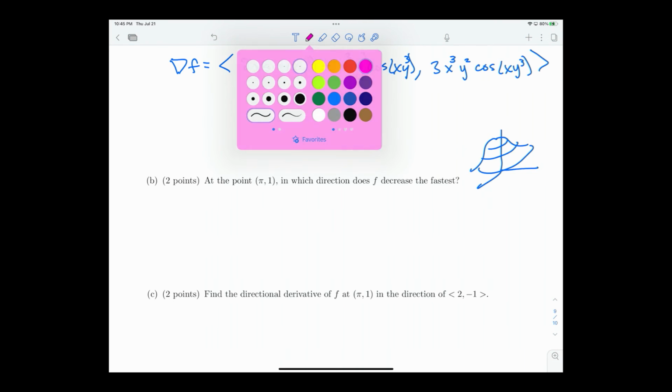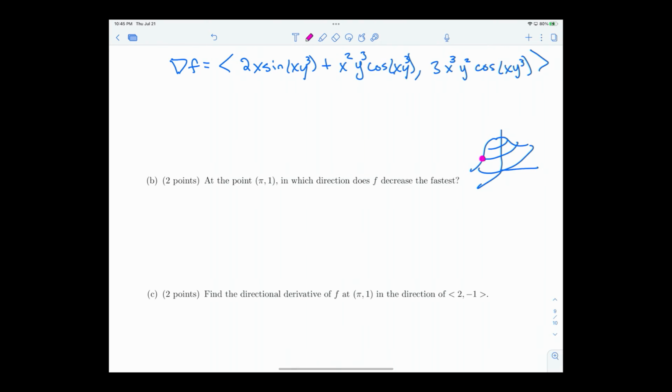When you're at a particular point, the direction where the slope is the steepest uphill, that's the gradient of f. So gradient f points in direction of greatest increase.